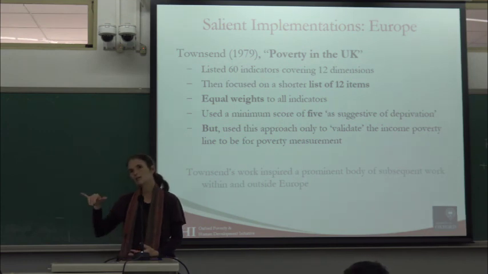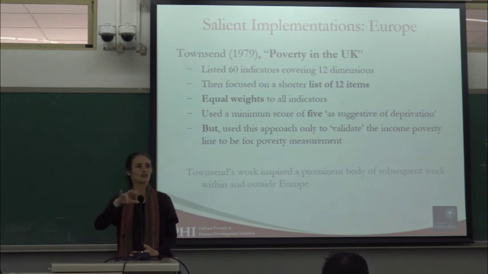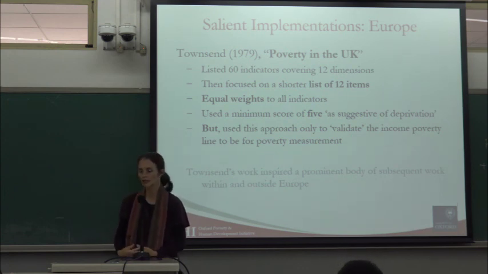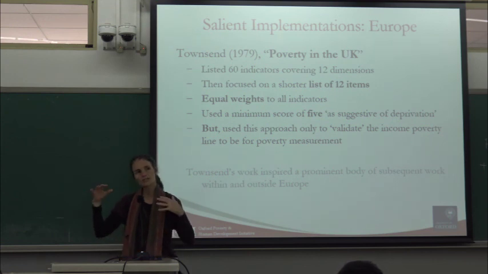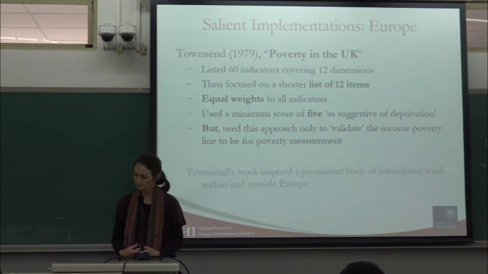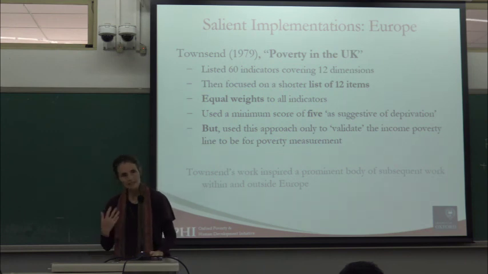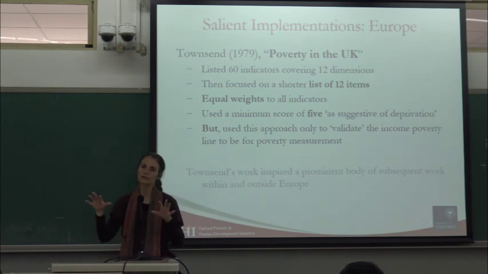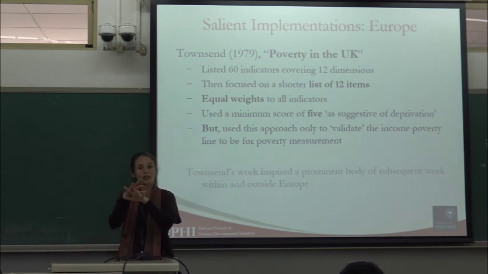Now, he used this measure to cross-check a relative income poverty measure that he was working on at the time. So it wasn't initially used by Townsend as a standalone counting measure. But it inspired a lot of work, including bringing out already in the 1970s this mismatch between economic deprivations and income that we saw yesterday.